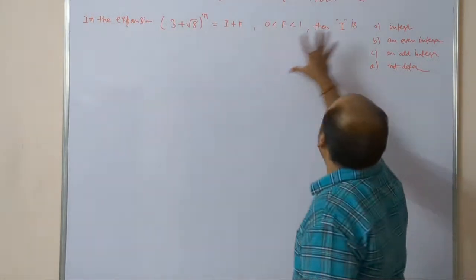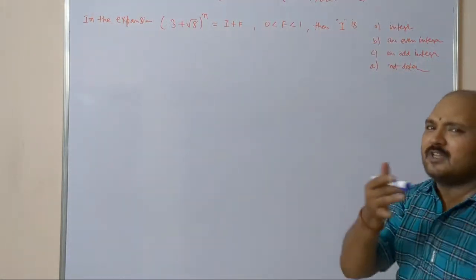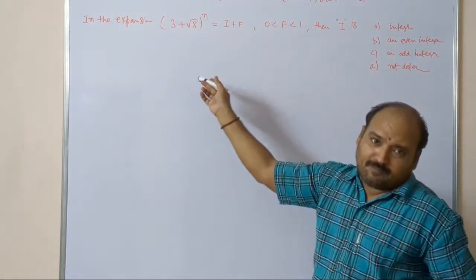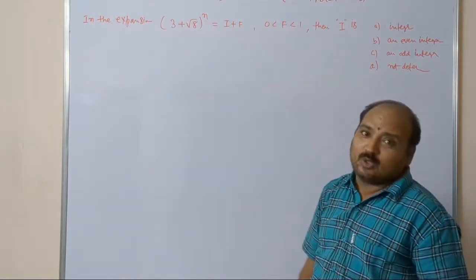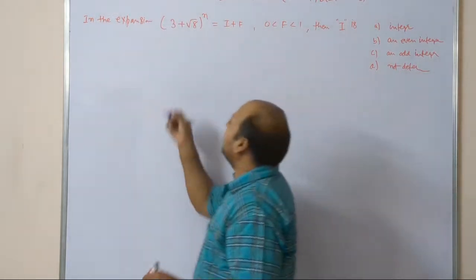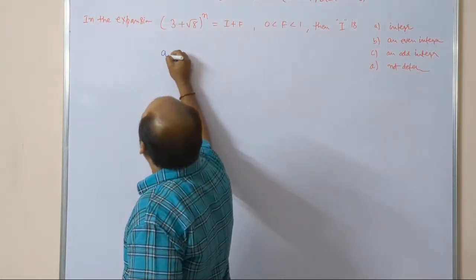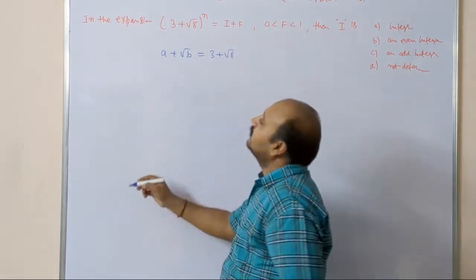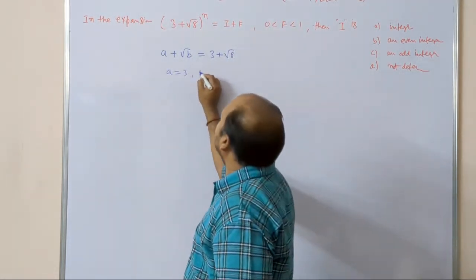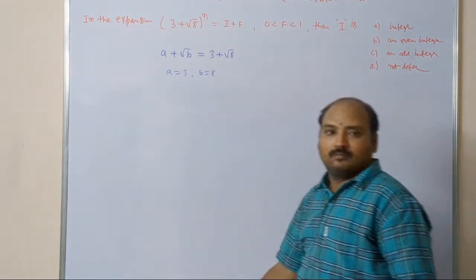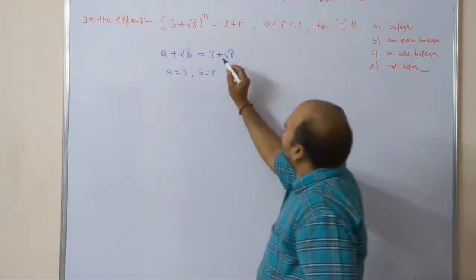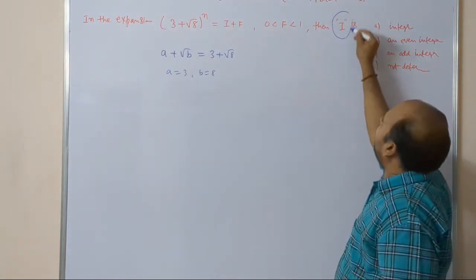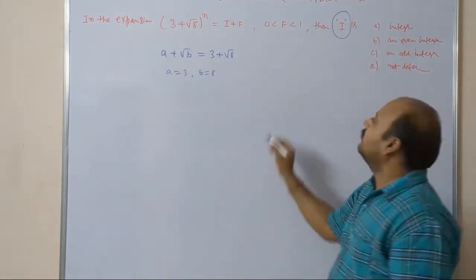To solve this type of problems, in IIT means it is a little difficult method. This is a plus root b form. Next, a minus root b also lies between 0 and 1. So this is in the form of a plus root b, that is equal to 3 plus root 8. So a is equal to 3, b is equal to 8. They are asking to find whether I is an even number or odd number.